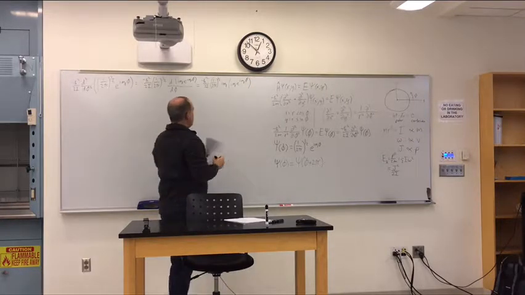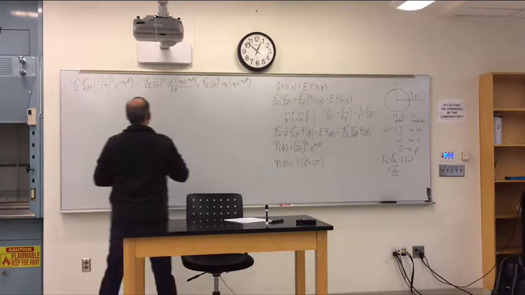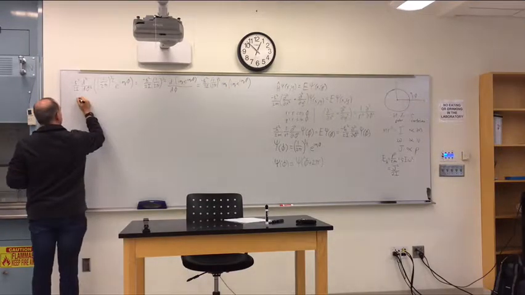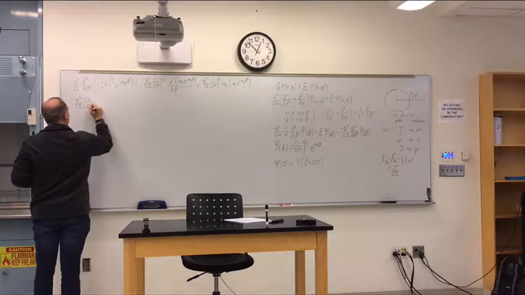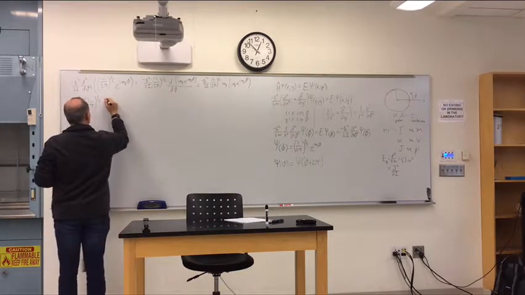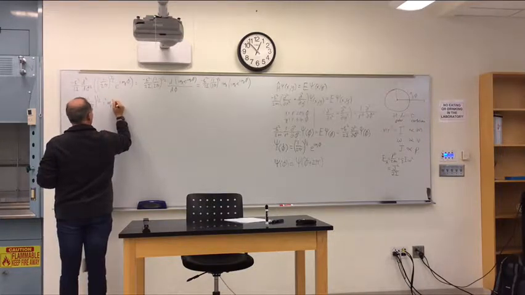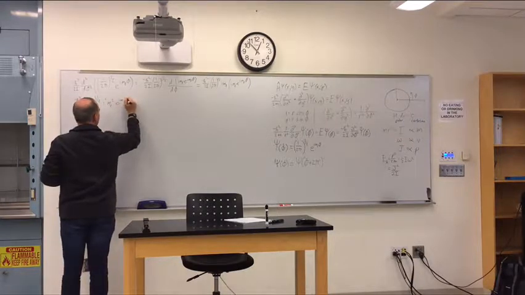You see we have i m l times i m l, so this would give minus h bar squared over 2I, 1 over 2 pi to the 1/2, i squared m l squared, then e to the i m l phi.